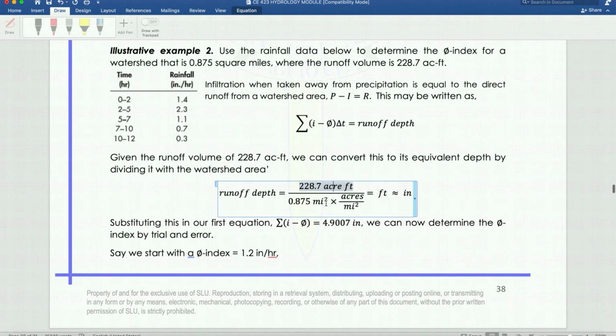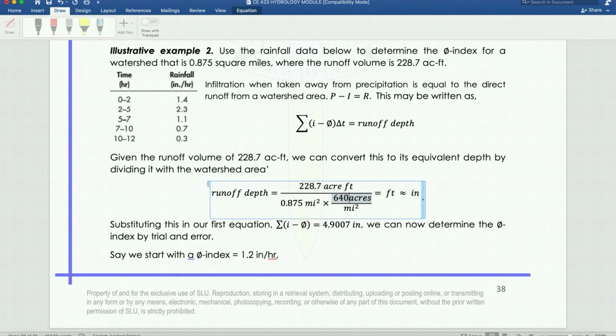Okay, so we cancel the mile. For every 1 square mile, we have 640 acres. So therefore, the runoff depth is equivalent to 0.4084 feet. Okay? And that is equivalent to 4.9 inches.